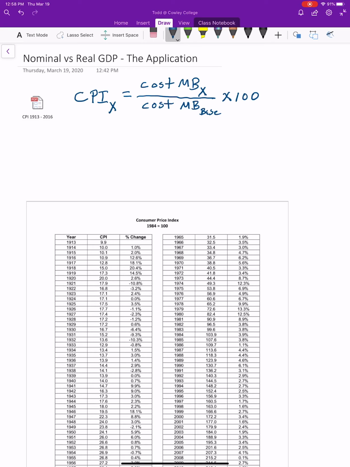The nice thing about this is the Bureau of Labor Statistics has already done all of these calculations for us. In fact, under your course content shell, you should print off a file called the Consumer Price Index 1913 to 2016.